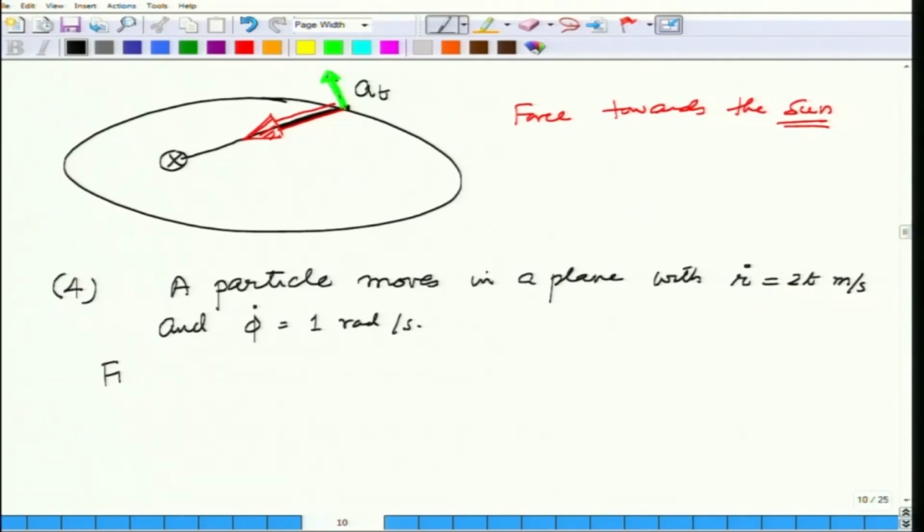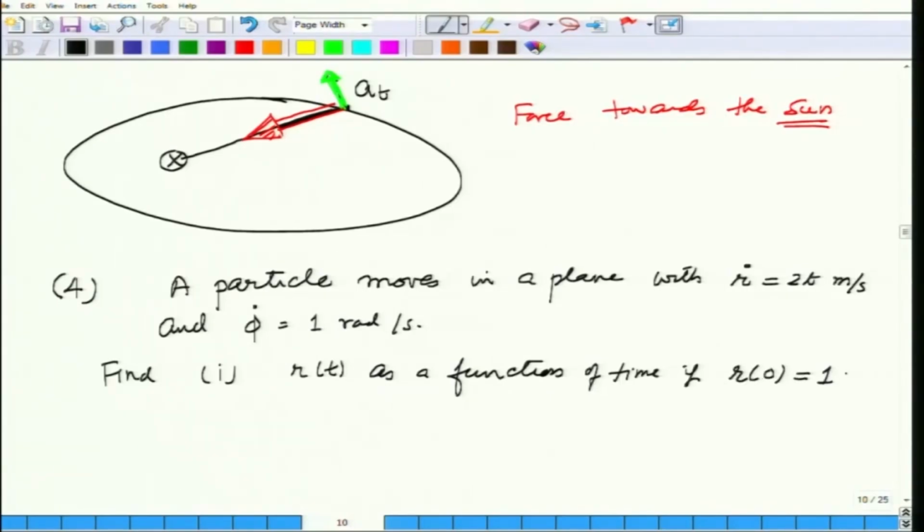Find 1, r(t) as a function of time if r(0), that is r at time t equal to 0, is 1 meter. So that means it started at 1 meter.